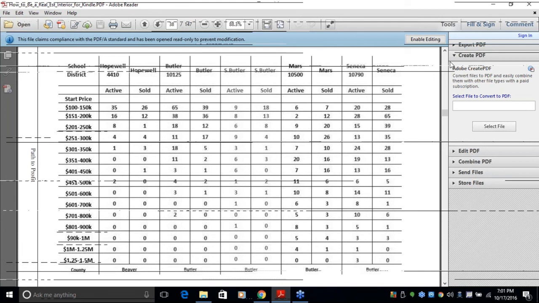Now remember, the interim step is using zipcodes.com. So you get the towns that you're interested in based on your school report that are serviced by the school district, and you go to zipcodes.com to get the zip codes that are in those towns.